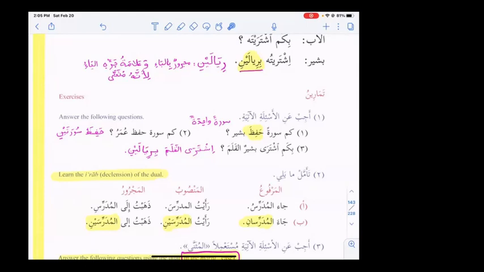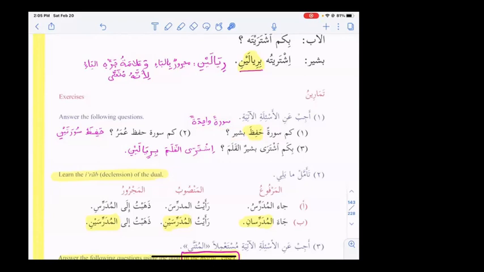Kam suratan Hafiza Bashir. I have written here. You can say Hafiza Bashirun suratan wahidatan. One surah he wrote. Then we have here, kam suratan Hafiza Umru?